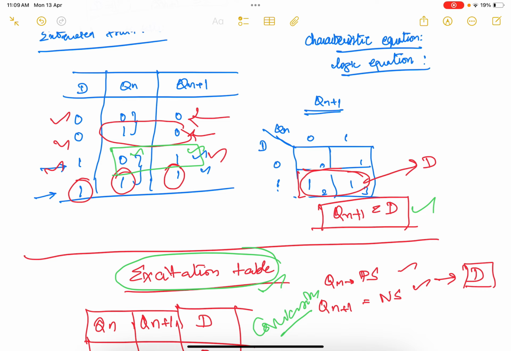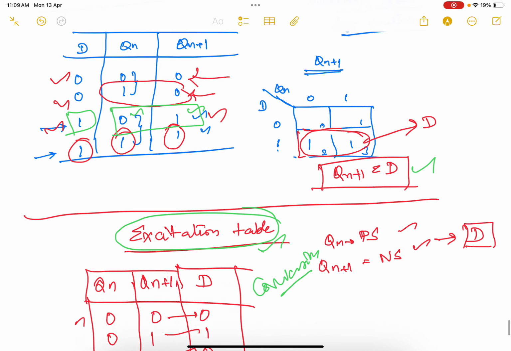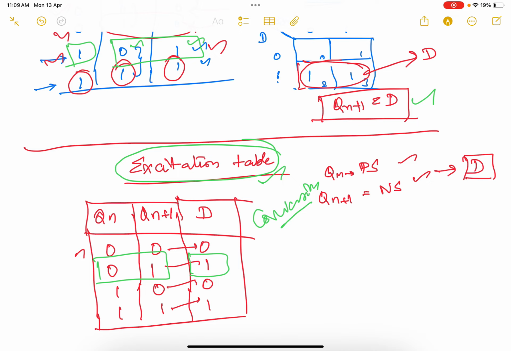So if it is 0 1, what is the mandatory input? The mandatory input is 1. That is what I am focusing on here. So if the present state and next state are 0 and 1, my mandatory input is 1. You can simply remember this for GATE type exams: whatever the next state is, that comes directly as my D input.